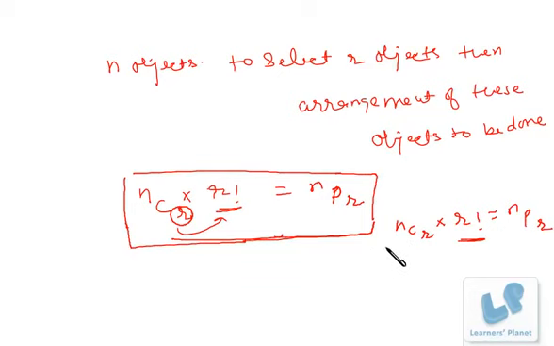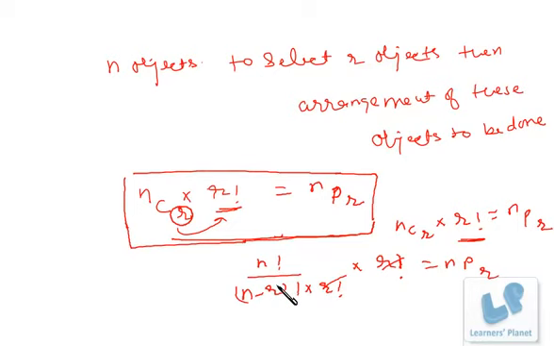Now I just expand it over here. nCr is n factorial by n minus r factorial into r factorial, and into this r factorial is nPr. So r factorial is cancelled. So the formula for nPr is n factorial by n minus r factorial, right?